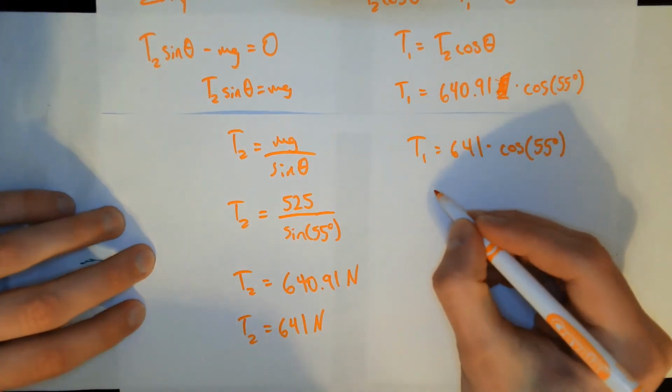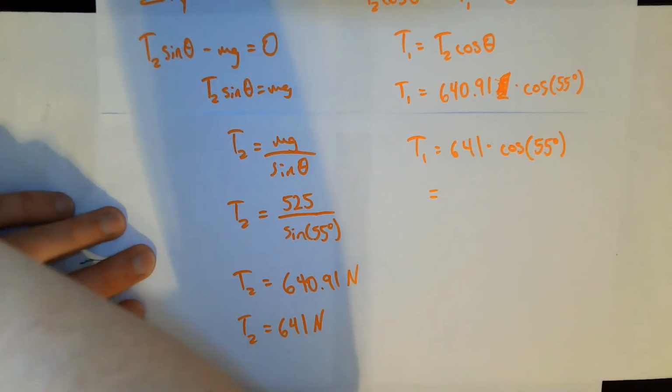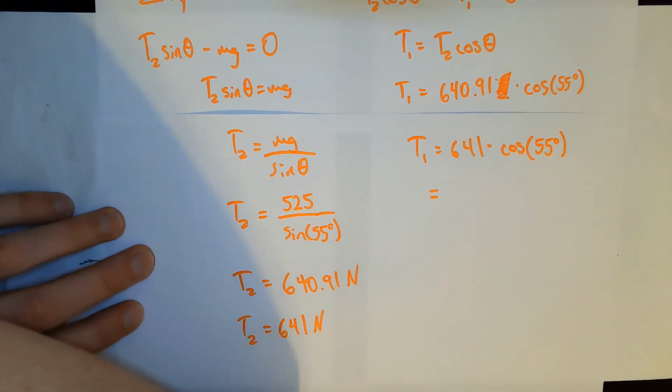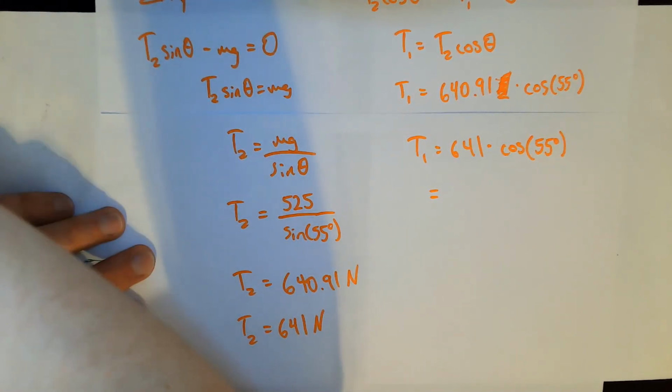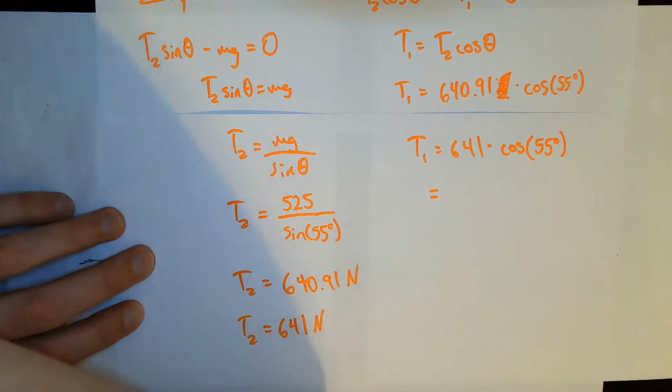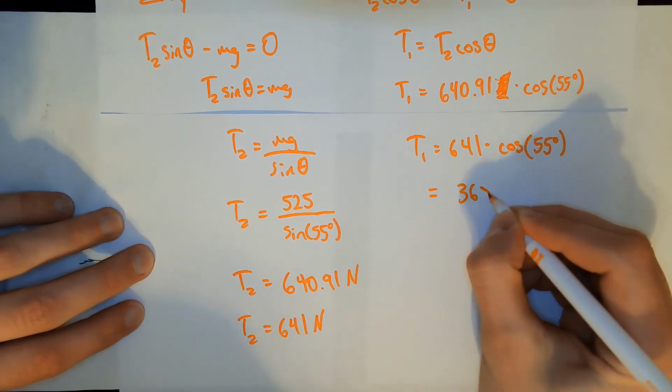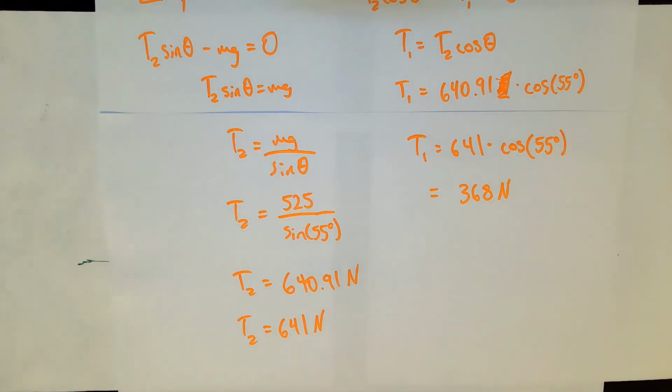So here, what is that going to be? What is cosine 55 times 641? 367.6, so 368 newtons. There they are. There's T1 and T2.